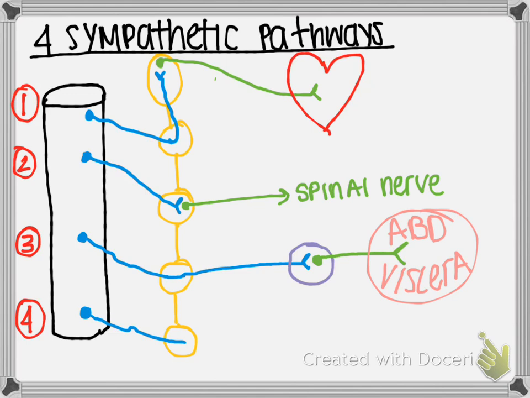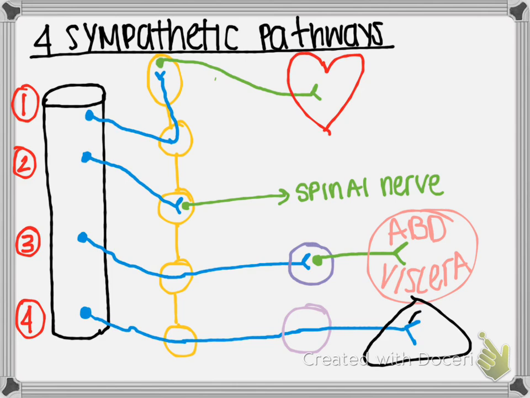And then it also hops on a splanchnic nerve, goes through the prevertebral ganglia without synapsing. That's a key difference between the splanchnic nerve pathway and this one. And it will directly synapse on cells in the adrenal medulla. So we call this the adrenal medulla pathway. So these are our 4 sympathetic pathways.